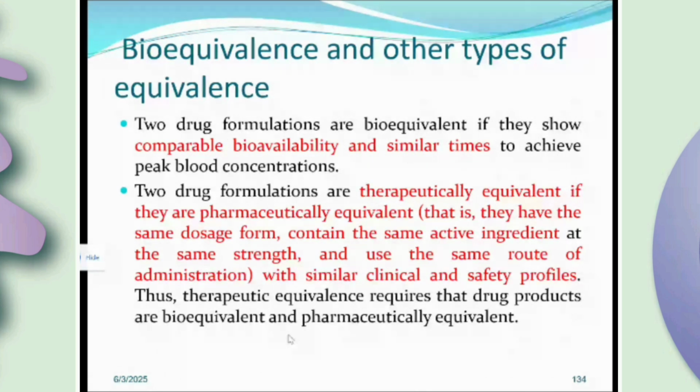When we have those six items similar, then the drug is pharmaceutically equivalent. Now, if the drug has two similarities, one, bioequivalent, and two, pharmaceutically equivalent, then they achieve the third level of equivalence called therapeutic equivalence.